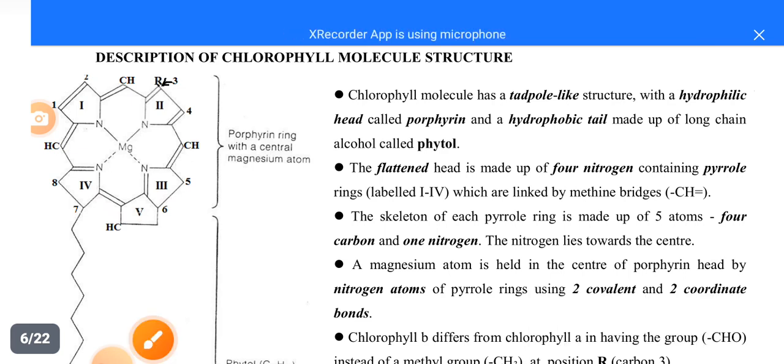Then they are saying that the nitrogen lies towards the center. Of the 5 atoms which make up the pyrrole ring, 4 are carbon atoms, and the 5th one is the nitrogen atom, which lies towards the center, as stated above.